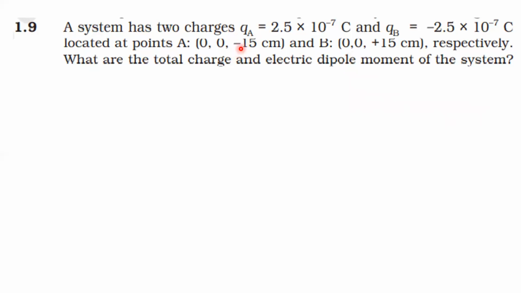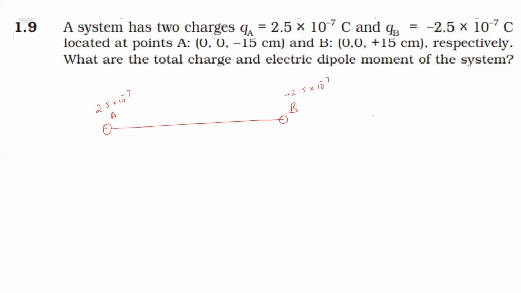Now see, charge A is placed at the point on the negative z axis. Point B is placed on the point on the positive z axis. Listen here. Now charge A is placed at this point and charge B is placed at this point. Charge A is given 2.5 into 10 power minus 7 and charge B is minus 2.5 into 10 power minus 7.